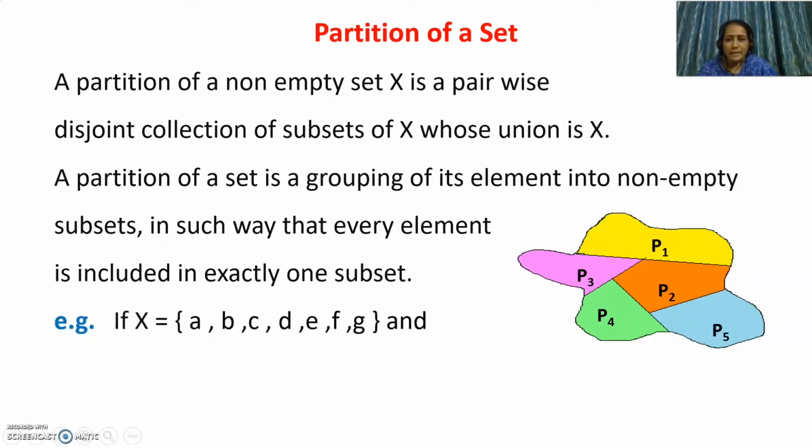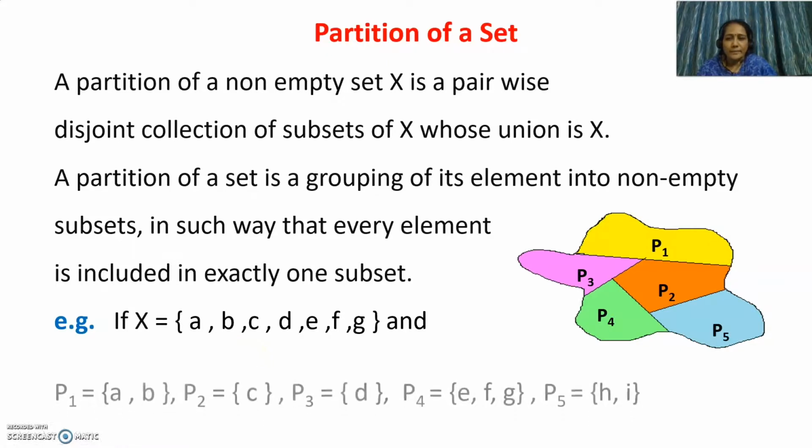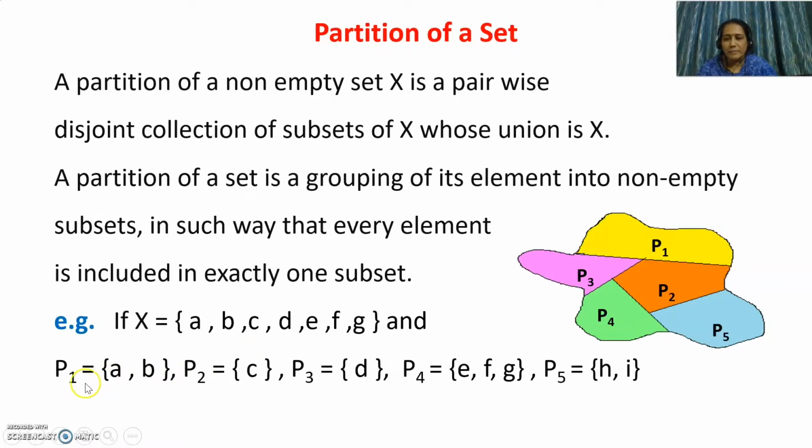Let us consider an example. Set X consists of elements a, b, c, d, e, f, g, h, i, and we take partitions P1, that is {a, b}, P2 consisting of element c, P3 consisting of d, P4 consisting of e, f, g, and P5 consisting of h and i. Here we see that any two partitions, for example P1 and P2, have no element in common.